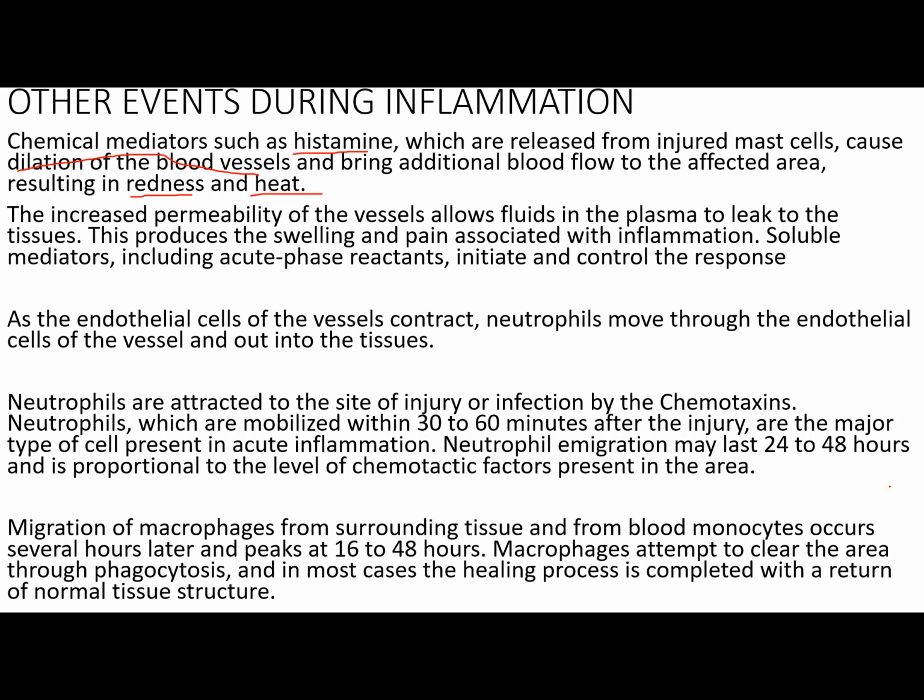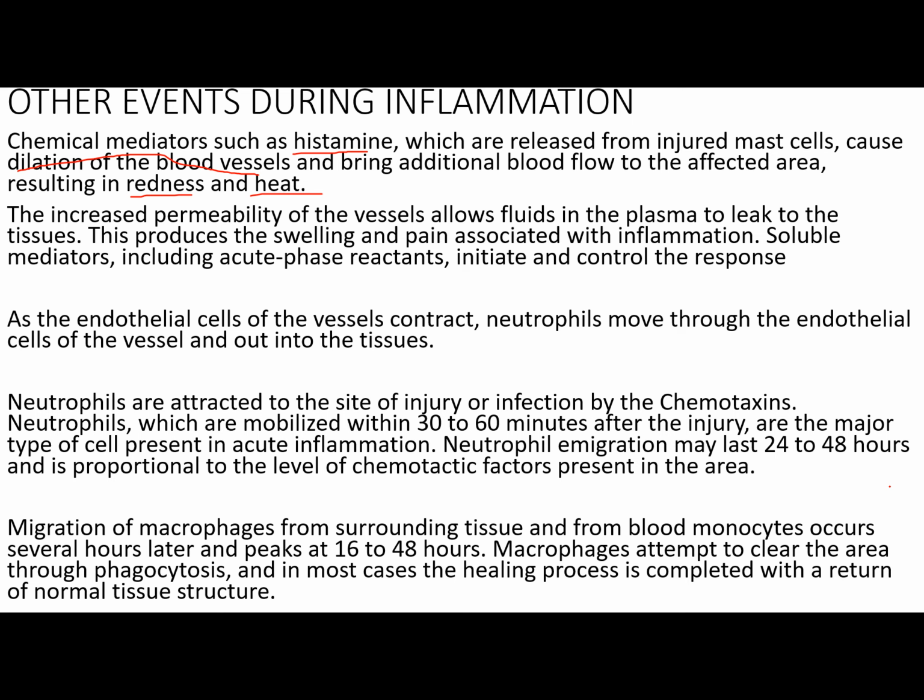Then, as the endothelial cells of the vessels contract, neutrophils move through the endothelial cells of the vessel and out into the tissue. Neutrophils are attracted to the site of injury or infection by the chemotoxins. Neutrophils, which are mobilized within 30 to 60 minutes after the injury, are the major type of cell present in acute inflammation.